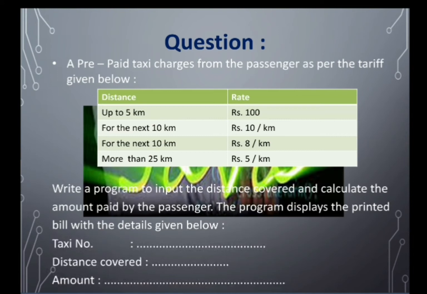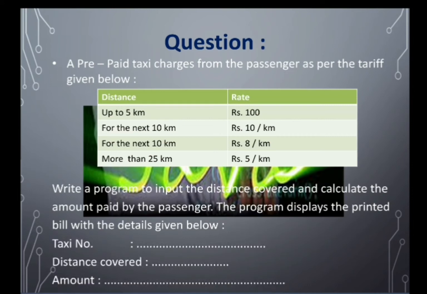Then if we travel more than 5 kilometers, up to 10 kilometers more, meaning a total of 15 kilometers, then for each kilometer we have to pay 10 rupees. Then again, if we travel more than 15 kilometers, another 10 kilometers, which makes 25 kilometers, then we have to pay 8 rupees per kilometer. If we travel more than 25 kilometers, then we have to pay 5 rupees per kilometer.